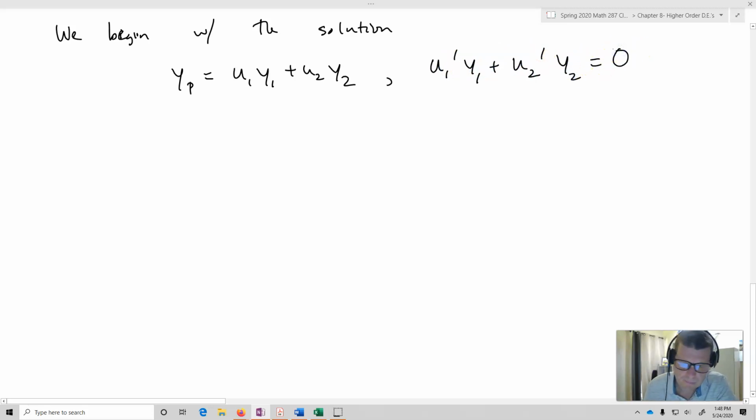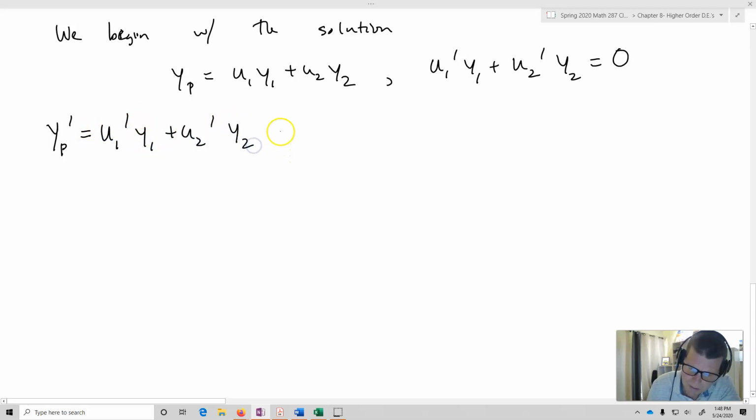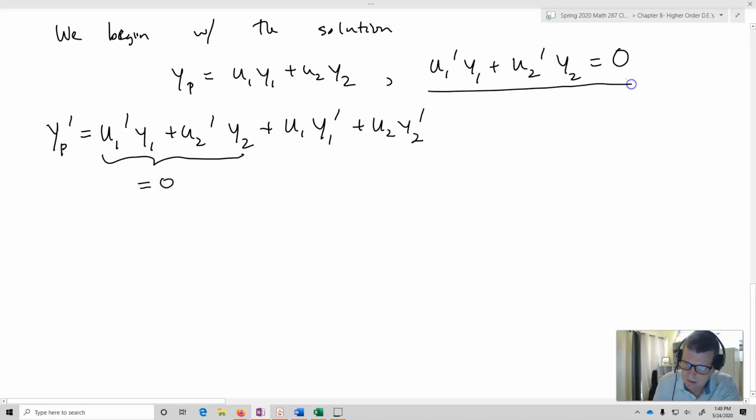Now we're going to find yp prime. So yp prime is going to equal u1 prime y1 plus u2 prime y2 plus u1 y1 prime plus u2 y2 prime. Now notice that the first part equals 0 by our constraint. So yp prime ends up equaling just u1 y1 prime plus u2 y2 prime.